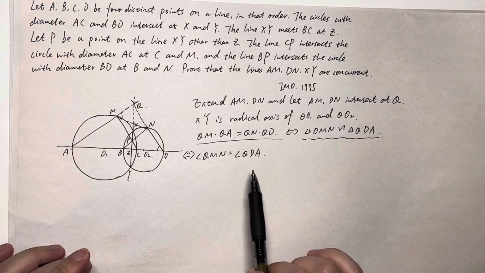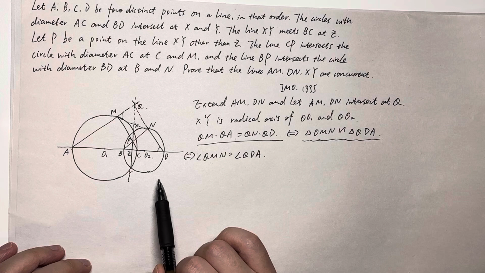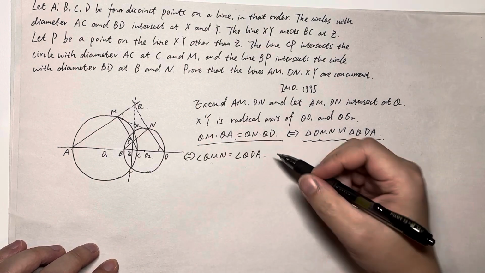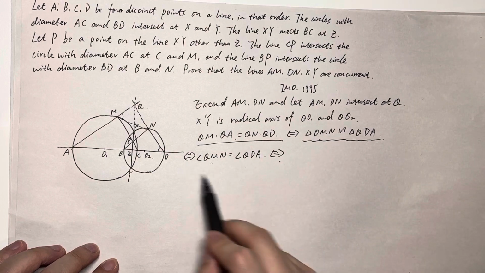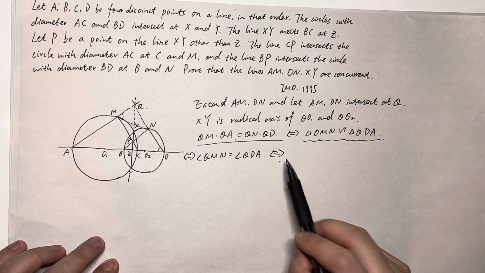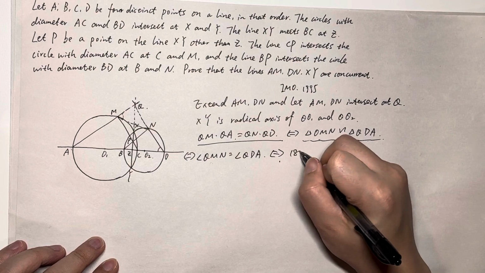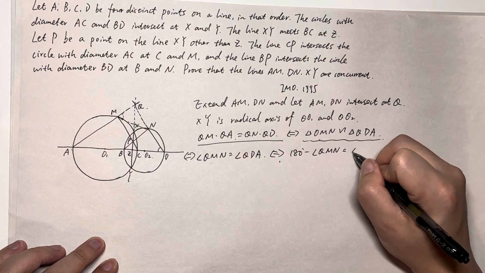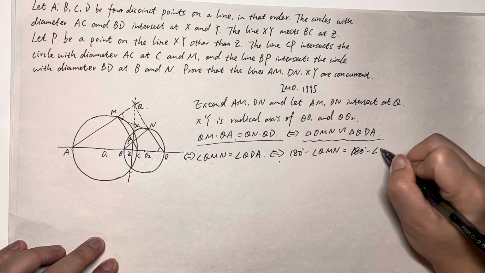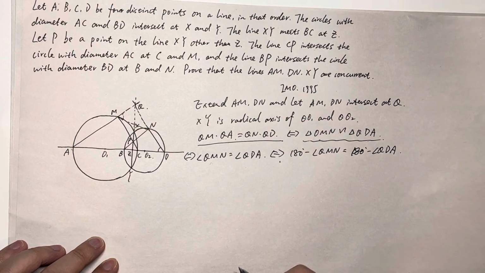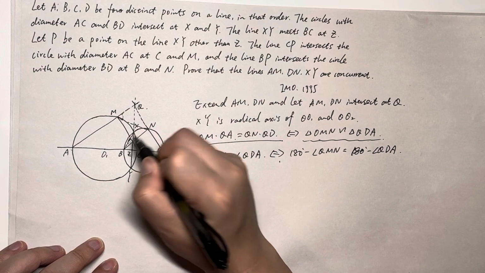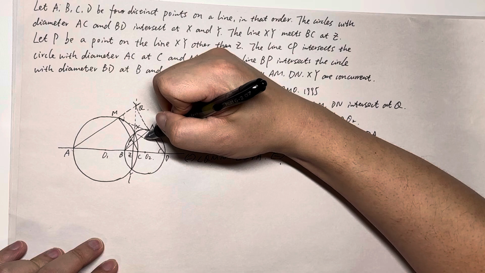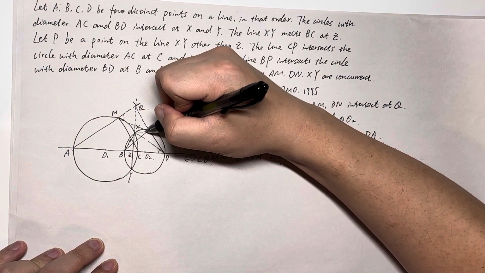We need to observe this figure a lot. Then we can find this relation, that this equation is equivalent to this one: 180 minus angle QMN equals 180 minus angle QDA. And we do the connection of XB, XD, and XN.